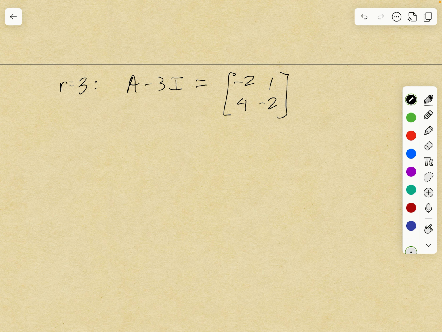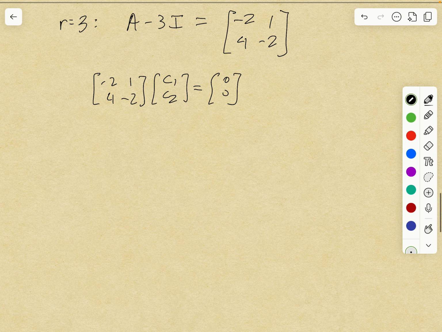I see that this is a rank 1 matrix, so its null space is one-dimensional. So we need to solve negative 2, 1, 4, negative 2 times C1, C2 equals the 0 vector, but I know that this solution set is spanned by one independent vector. So I just need to find one vector in the null space. By the way, I'm trying to find one specific C1 and C2.